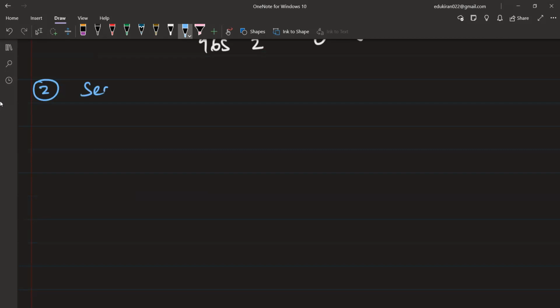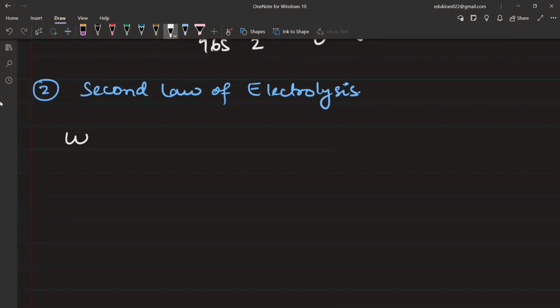Second law of electrolysis. Please write. When same charge, charge का मतलब क्या?